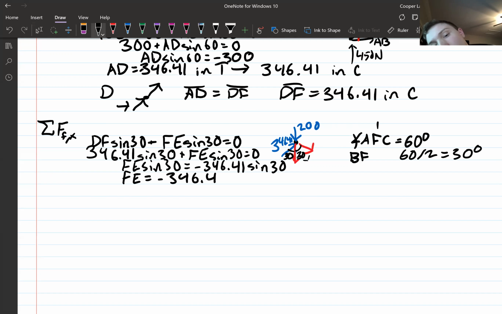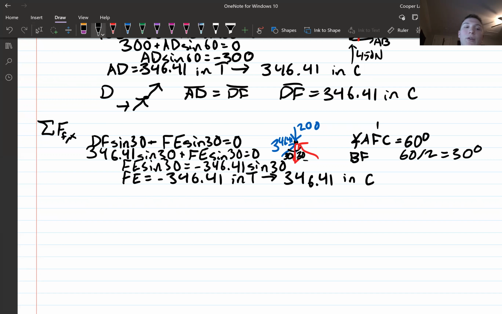Now, if you remember, this is in tension because I assumed all of them were in tension. So because it's negative, that actually tells me it's 346.41 in compression. So that actually tells me that this arrow here that I had should actually be pointed up.